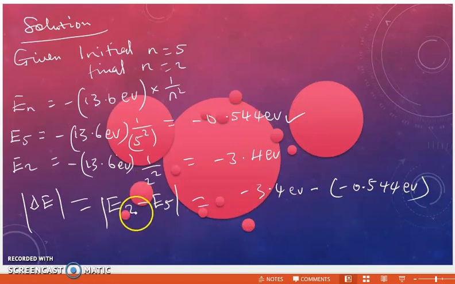But since it is the magnitude, we ignore the negative sign. So simply take this minus this, and this will give us 2.856 electron volt.